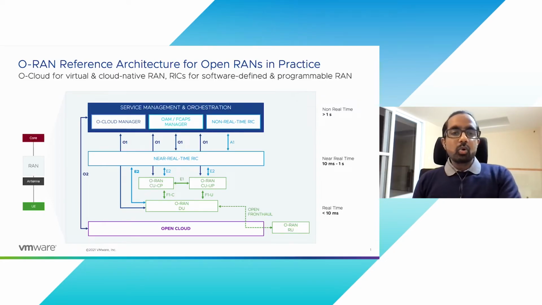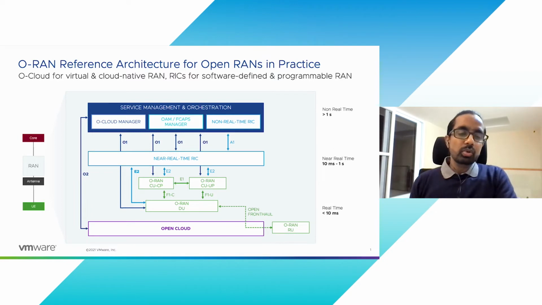Now, let's look at the ORAN reference architecture in detail to understand the two different RIC components. First one is a non-real-time RIC, also known as the non-RT RIC, and second is a near real-time RIC or the near-RT RIC. The non-real-time RIC supports tasks that typically require latency of more than 1 second. This includes configuration management, device management, fault management, performance management, and lifecycle management for all the network elements in the RAN network.